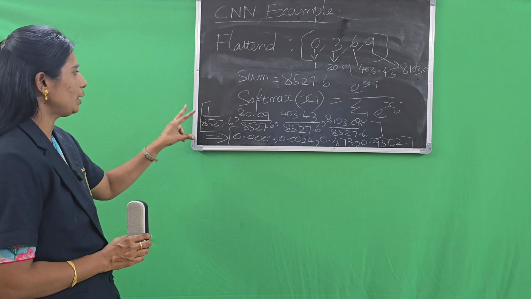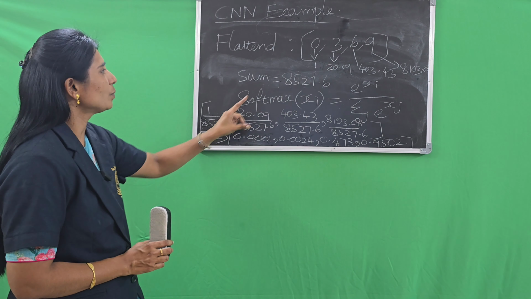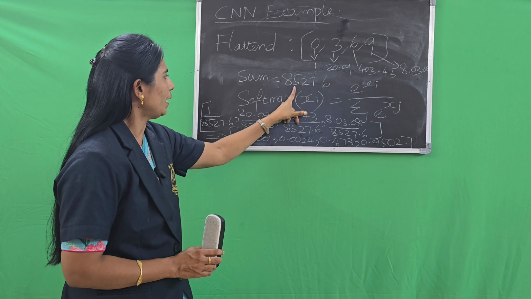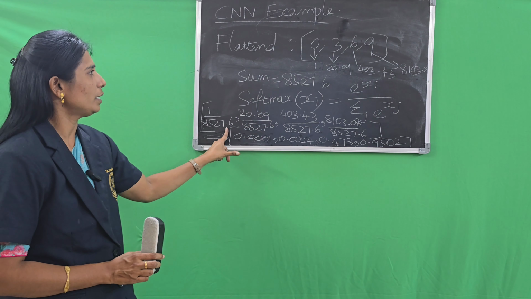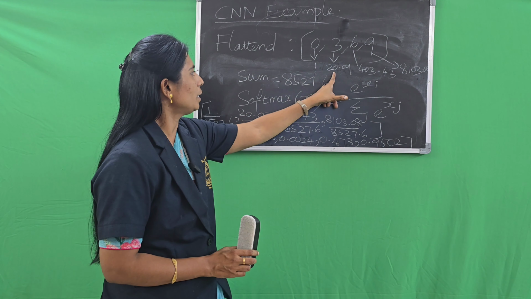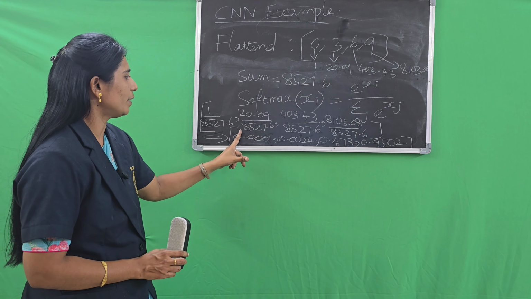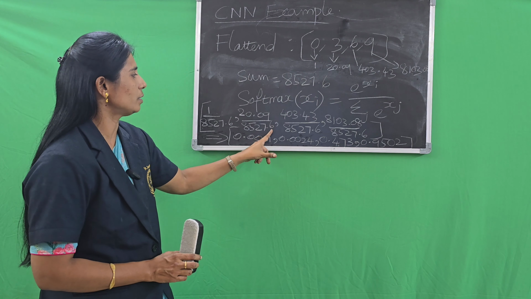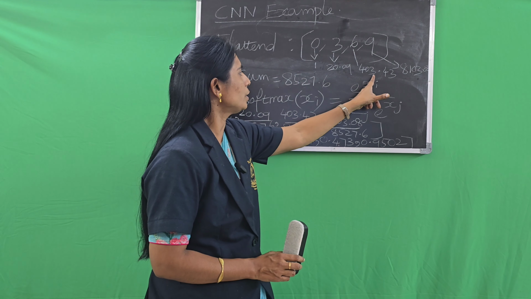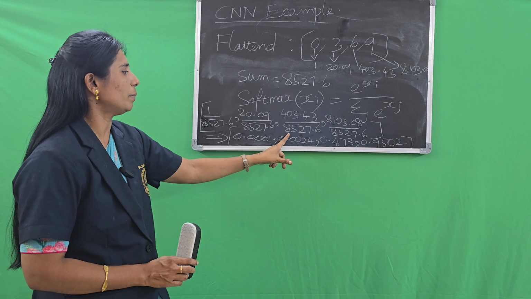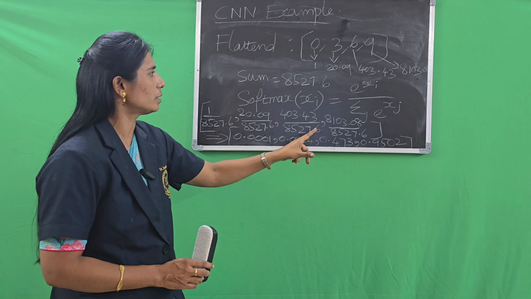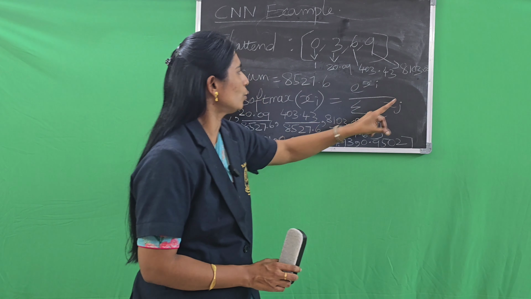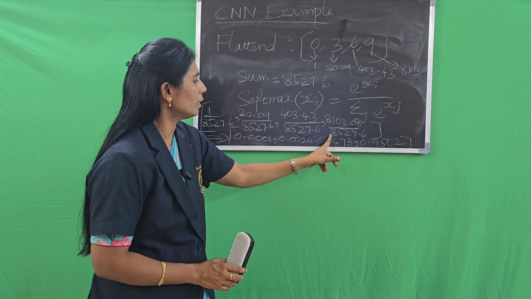So now we can apply those values in the softmax output formula. After applying those values, it becomes 1 divided by 8527.6, then 20.09 divided by 8527.6, then 403.43 divided by 8527.6, then 8103.08 divided by this one.